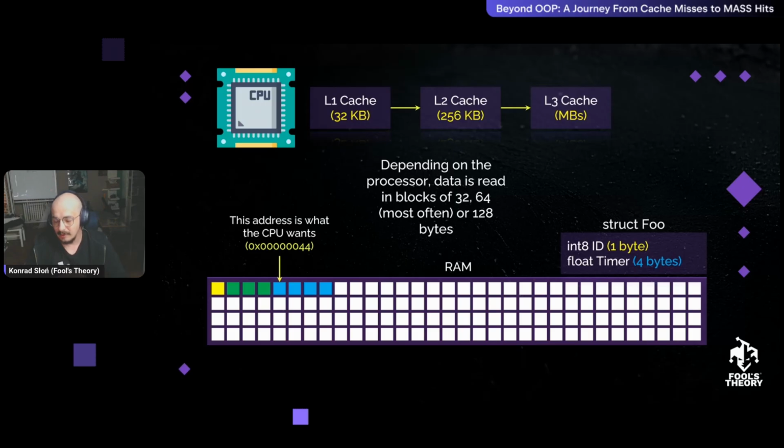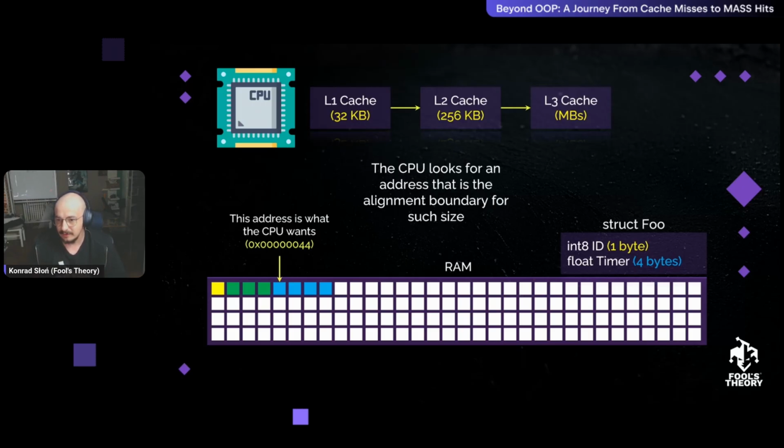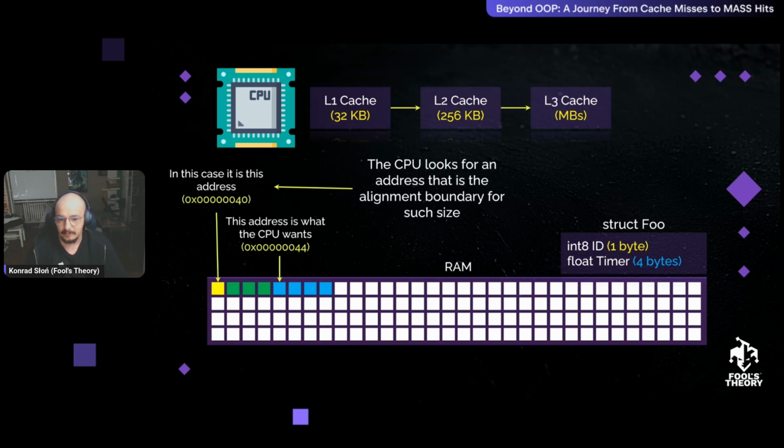So when you are loading data to the CPU cache, we are loading the whole chunk, starting from the boundary of that data. If this is a 64 byte chunk, we will start from address 0 to 63, later 64 to 127, and so we are jumping addresses by 64 if the CPU loads 64 bytes of memory.